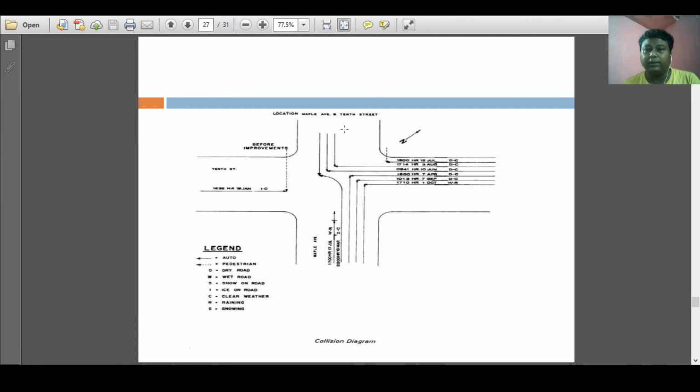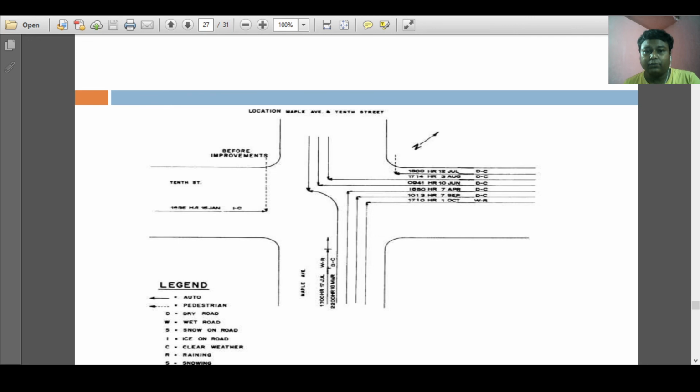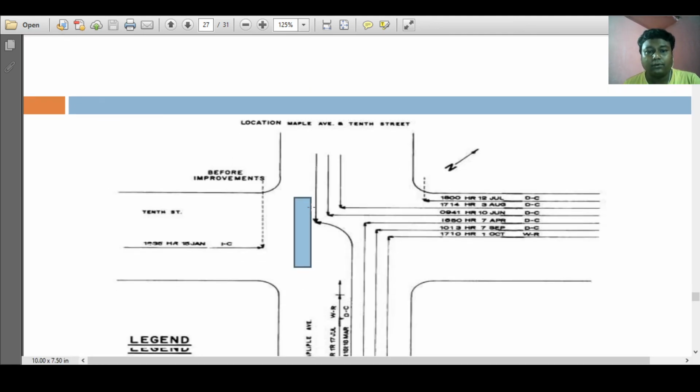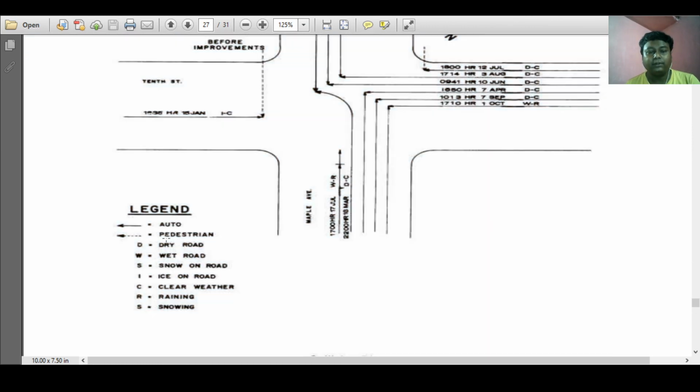So let me zoom the picture. Okay, so you can find that there are some guidelines, or some symbols, used for your collision diagram. These are some notations used for drawing the collision diagram.